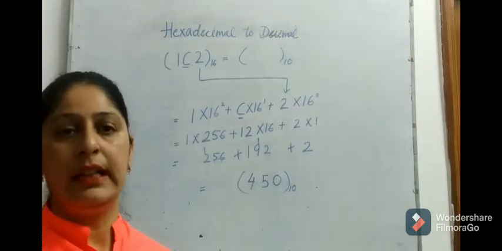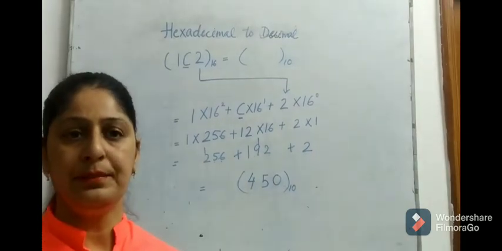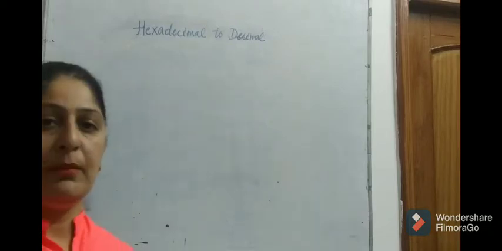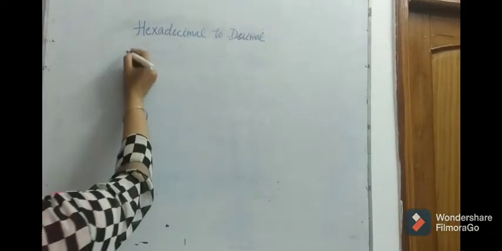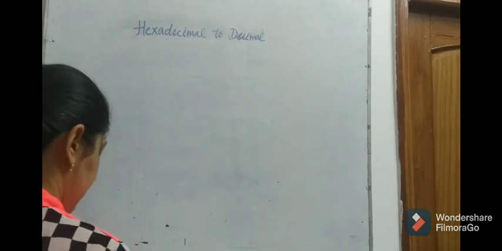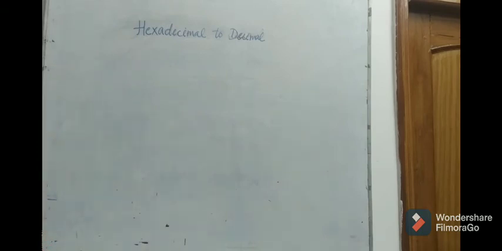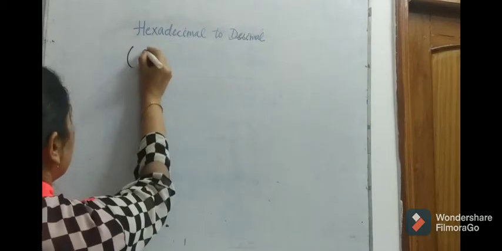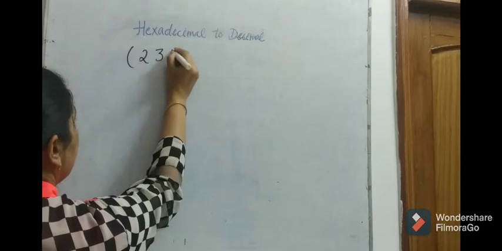I hope it is clear. Right, children? Okay. Now let's take one more example. Sorry, my marker, let me change. It's 23E.